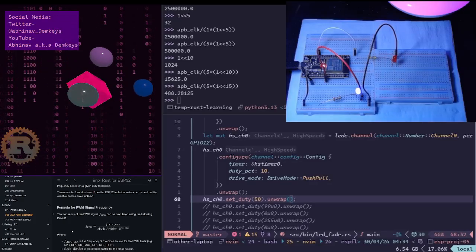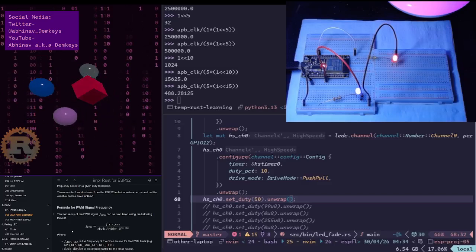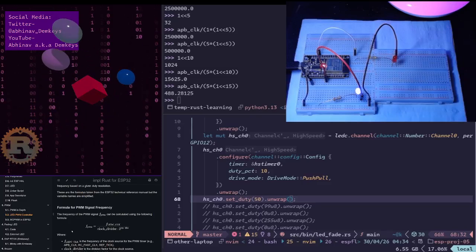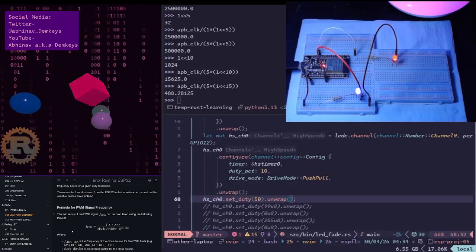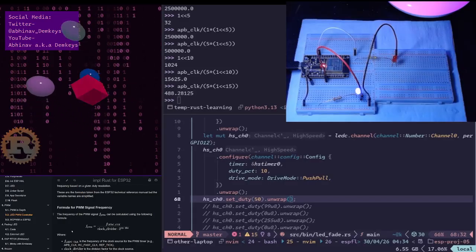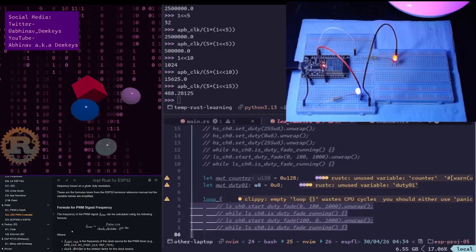Wait, actually, what would happen if, oh, okay. For a second there I was wondering, because if we come back here and look at this code, let me uncomment this.